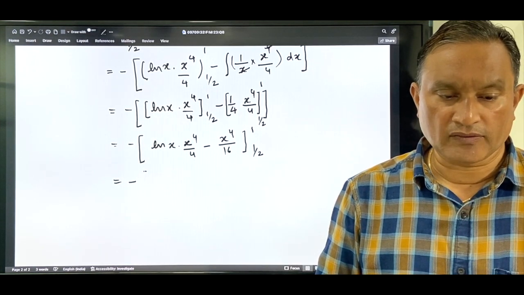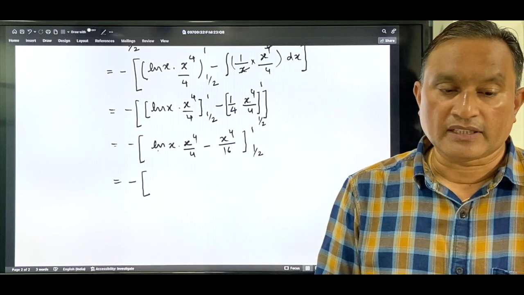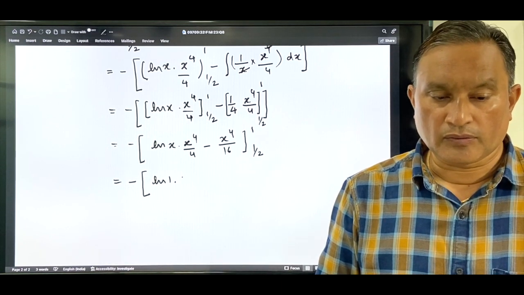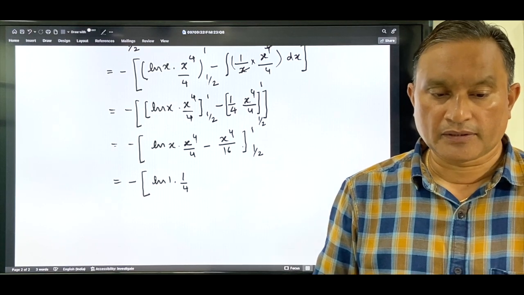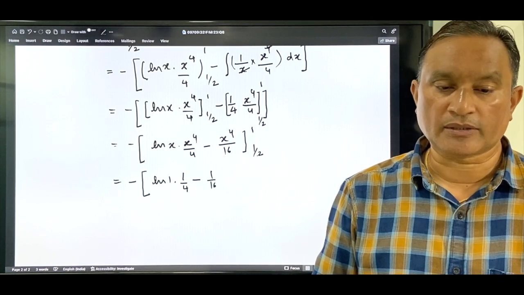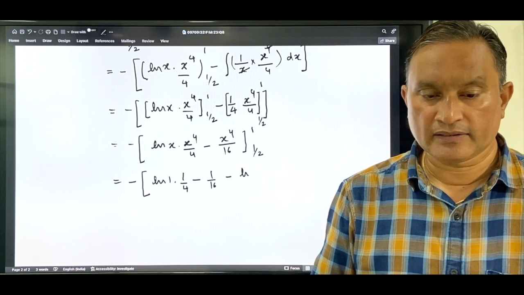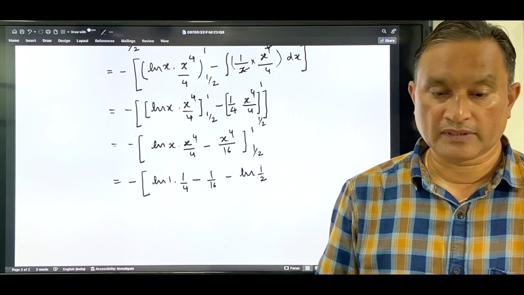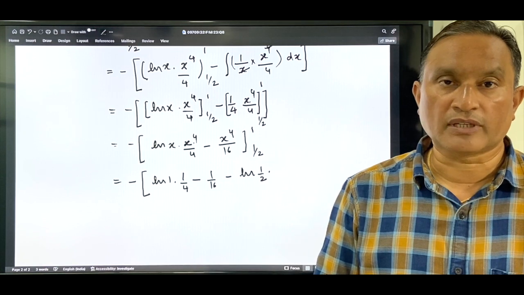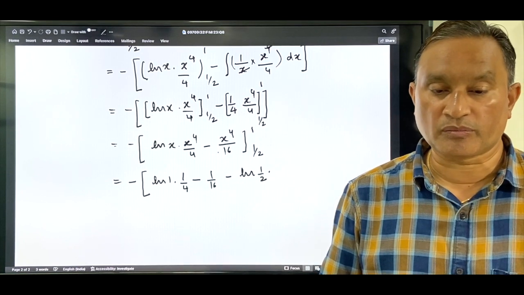Now we will substitute the limits. When you substitute the upper limit 1 here, then ln 1 into 1/4 minus 1/16. Now we will substitute the lower limit, then minus ln(1/2) into 1/2 to the power 4, which is 1/16, and 16 into 4 would be 64.